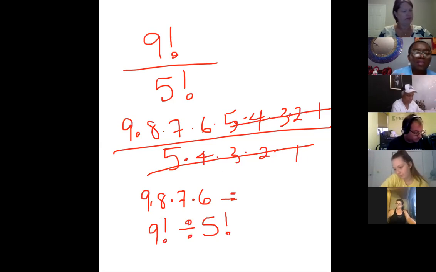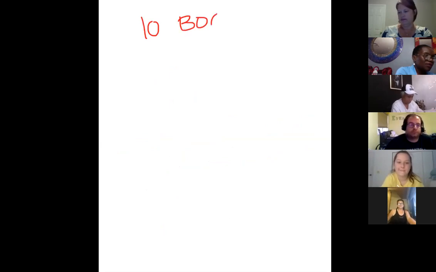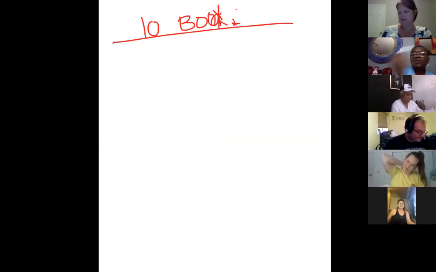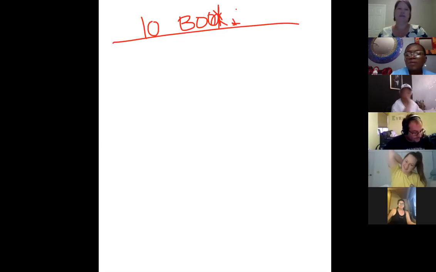So why do we need this? Here's why we need it. When you're doing permutations, like the books, let's say this time you have 10 books, doing your quarantine. You don't want to read all 10 books.